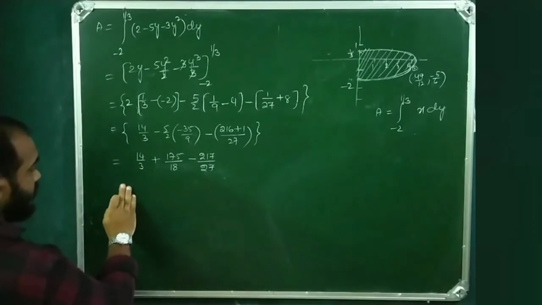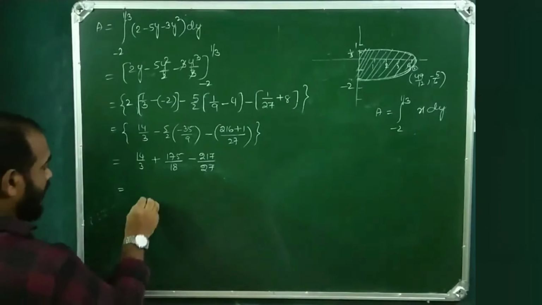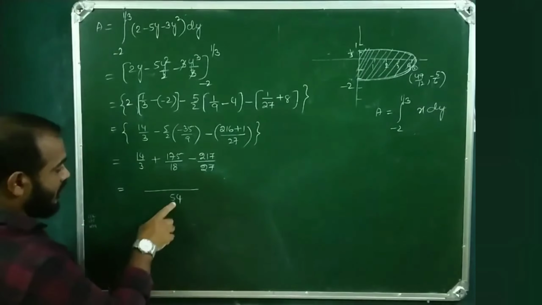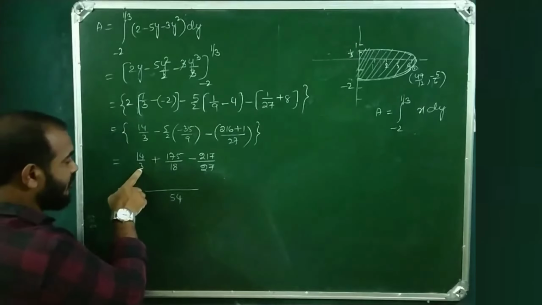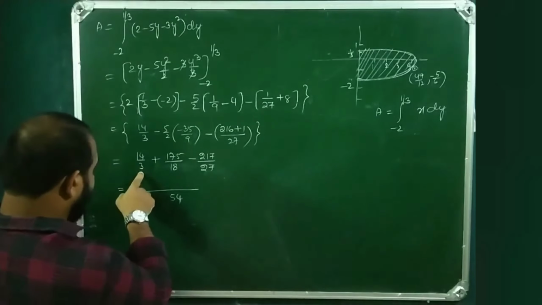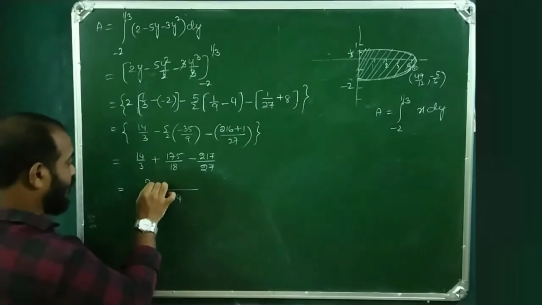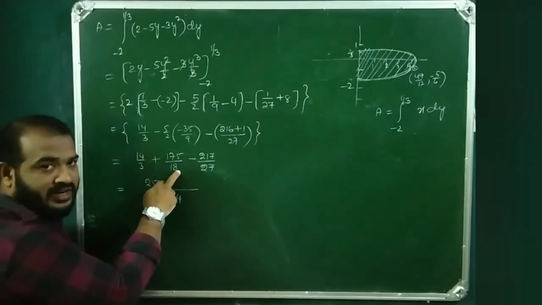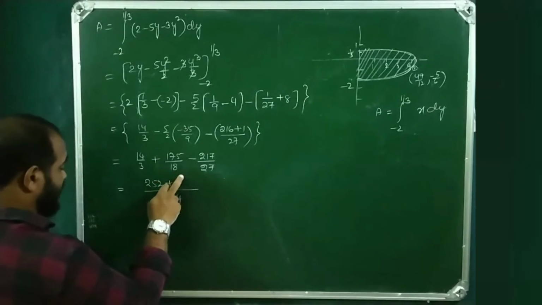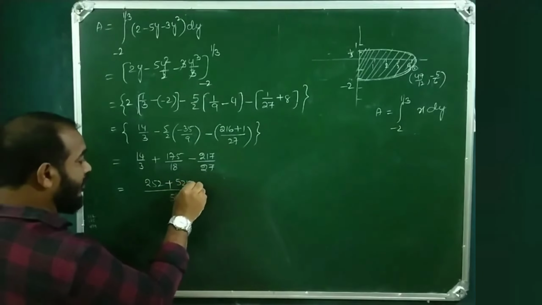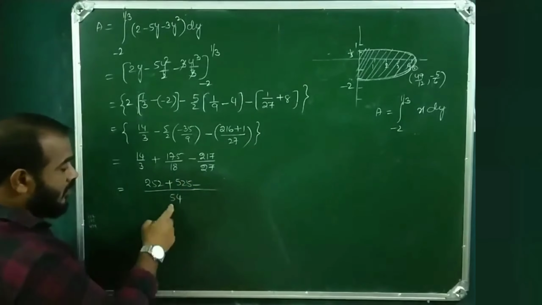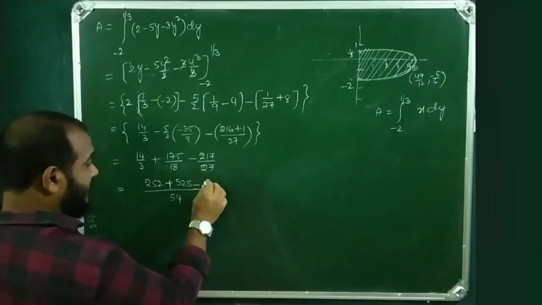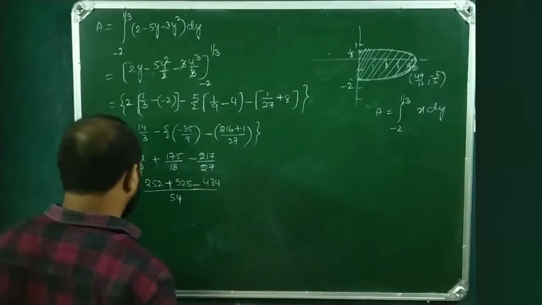The LCM is 54, of 3, 18, 27. 54 by 3 is 18, 18 times 14 is 252, plus 54 by 18 is 3, so 3 times 175 is 525, minus 54 by 27 is 2, 2 times 217 is 434.